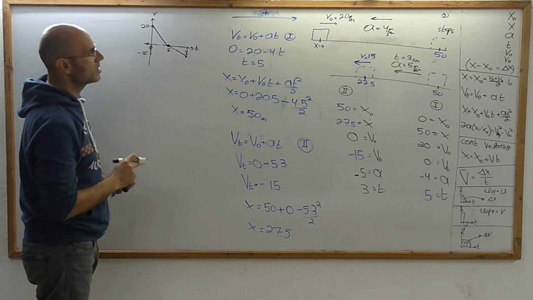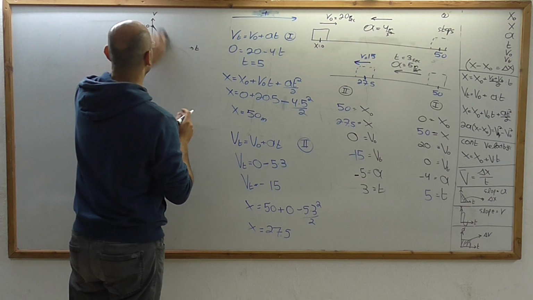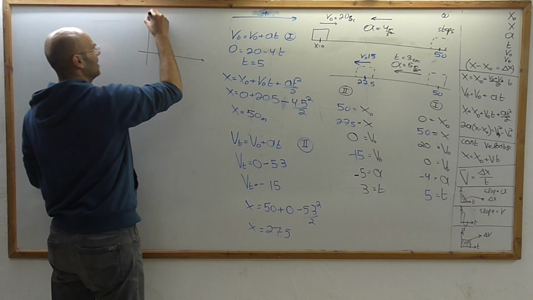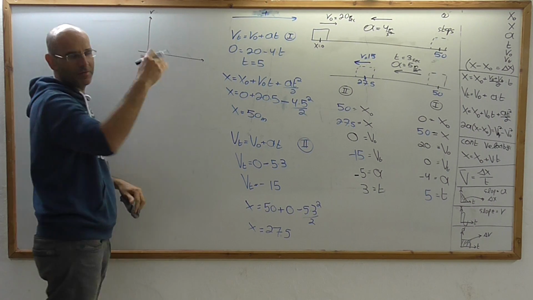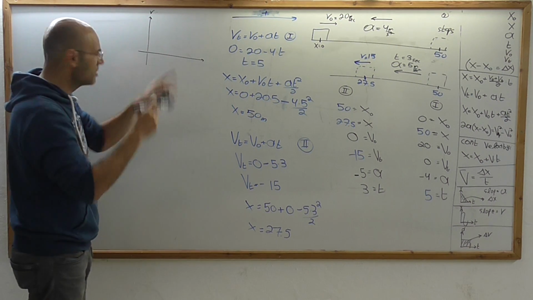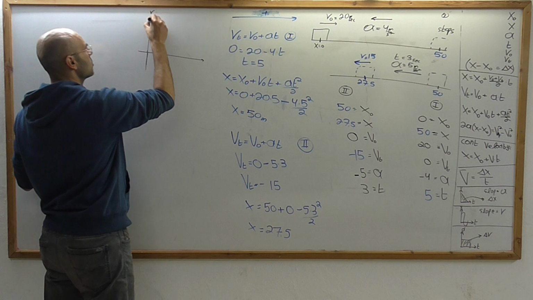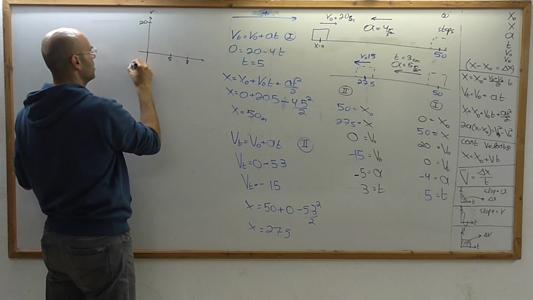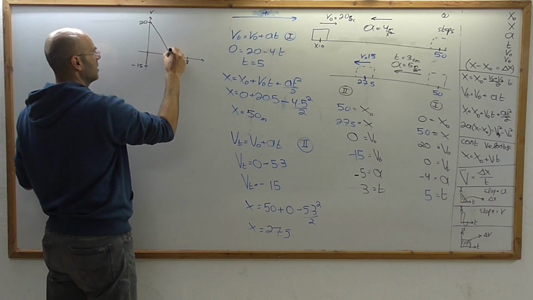Okay. No, it's not good. It was 5. Just a minute, I'll do it again. Okay, obviously if you have squares and a ruler, it will be more accurate. So 20, 5, 8, minus 15, maybe like that.